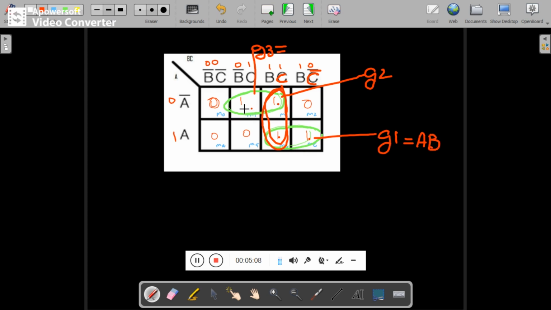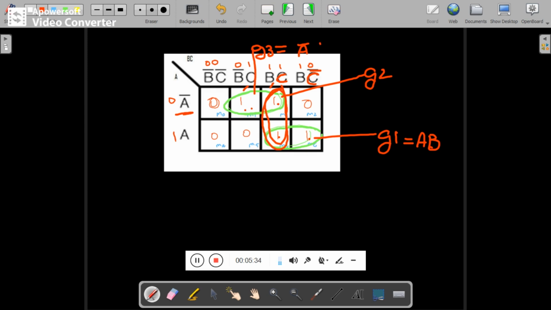Now what is the answer for this group? First see horizontally. Horizontally only one variable is there. So the answer for this group is A bar. And vertically, what are the changes? You see here and here. In this column and this column, what are the common terms? Common term is C. B is not common because B and B bar are there. C is common.